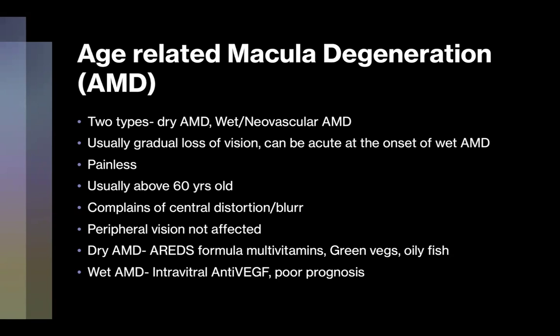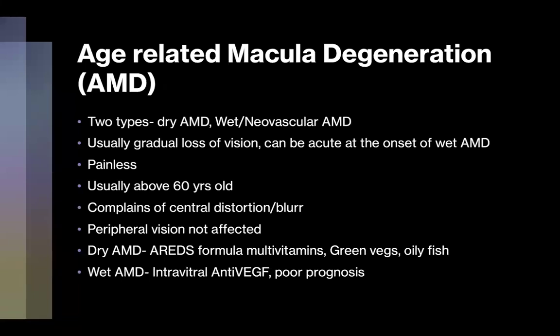They progress very slowly, but wet type, their visual prognosis is very poor. However, unfortunately, we don't have any treatment for dry AMD. But for wet AMD, we treat them with intravitreal anti-VEGF, antivascular endothelial growth factors. Usually, it's painless. It's definitely a painless thing.